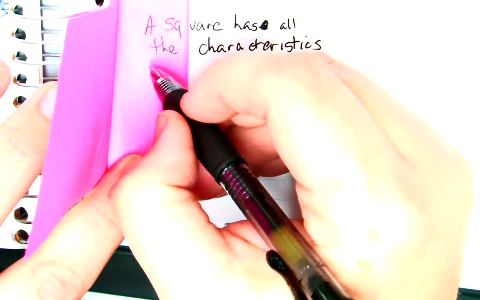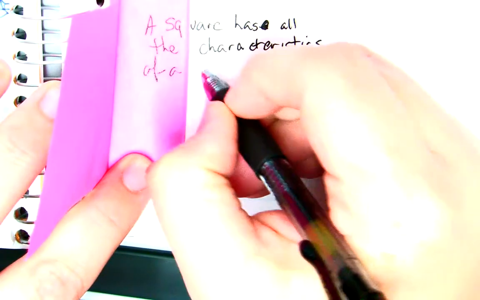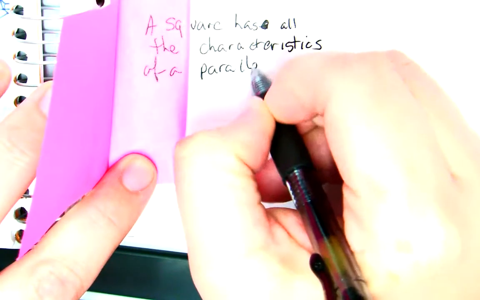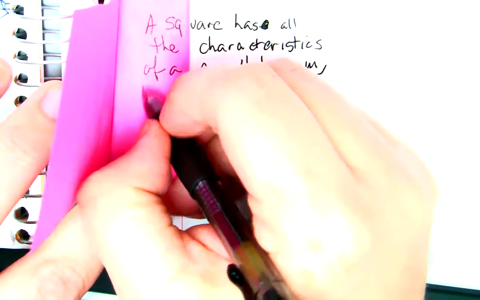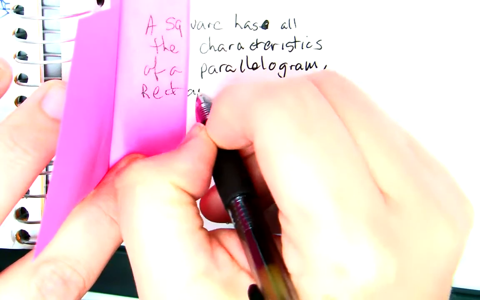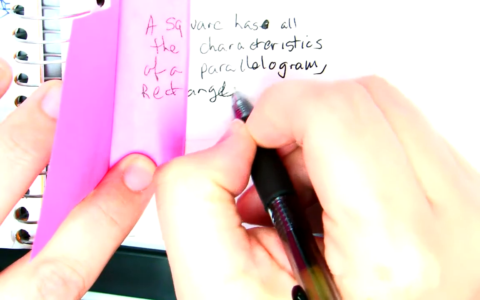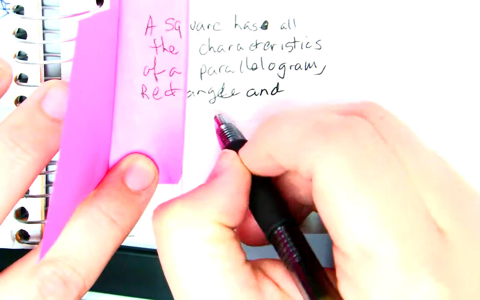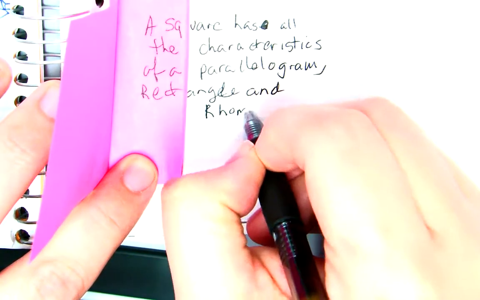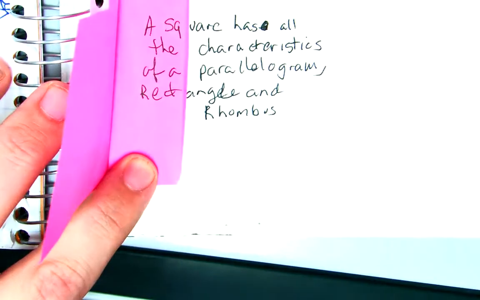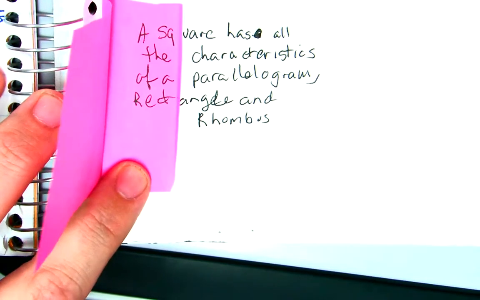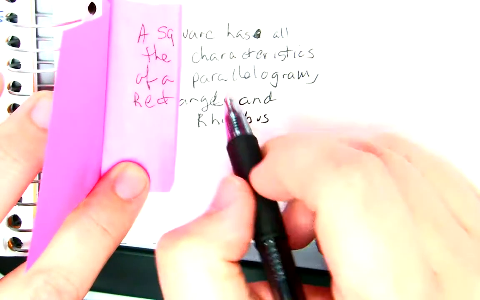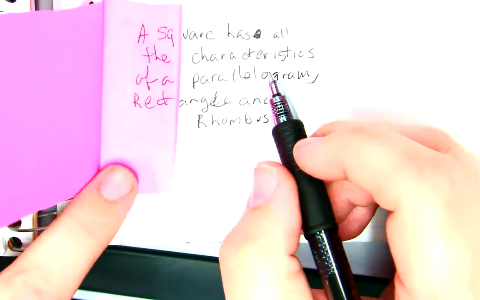Alright, a square has all the characteristics of a parallelogram, rectangle, and rhombus. So a square has all the characteristics of a parallelogram, rectangle, and rhombus. That's it.